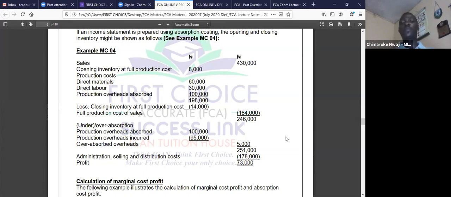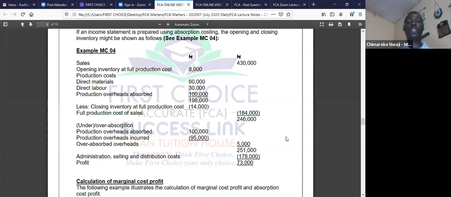So variable cost, fixed costs are there, direct material, direct labor, and your production overhead absorbed. Now, when you say production overhead absorbed, you are using your overhead absorption rates. Remember from last class, that is how you treat the production overhead or fixed cost absorbed. So when you add everything here, 8,000 naira opening stock plus all these other ones, you get 198. Then of course, you have to find your closing inventory.